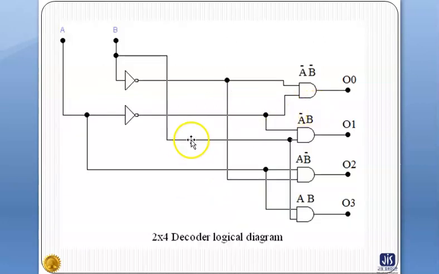So as per the output expressions, in the circuit four 2 input AND gates are required, with inputs A and B, and the logic circuit is completed. So this is the 2 to 4 decoder logical diagram.